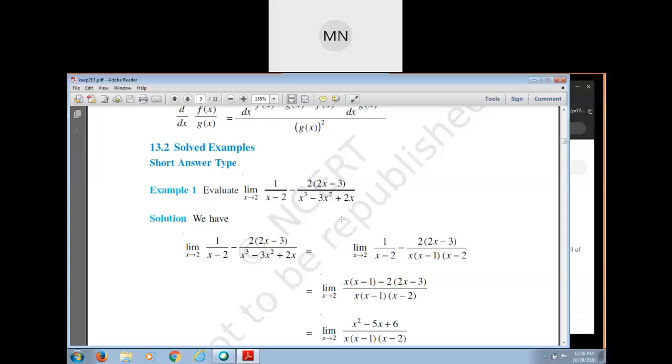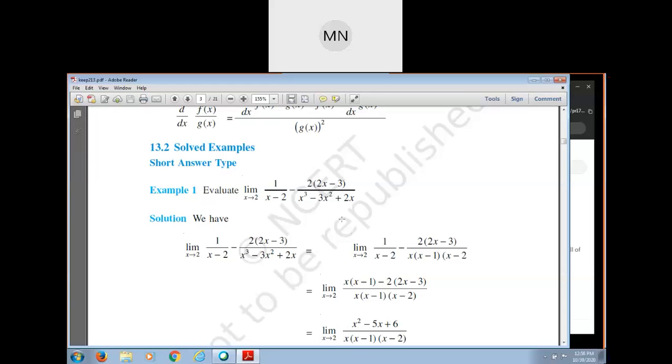So directly we cannot put x equals 2 for this function. In some cases you can directly put the limiting value, but here for this problem, if we put x equals 2, the function does not exist.